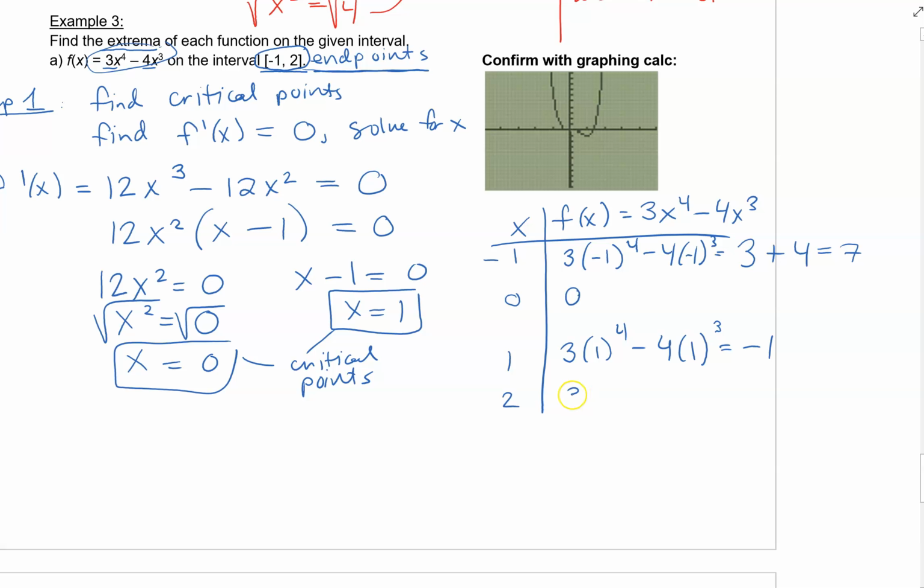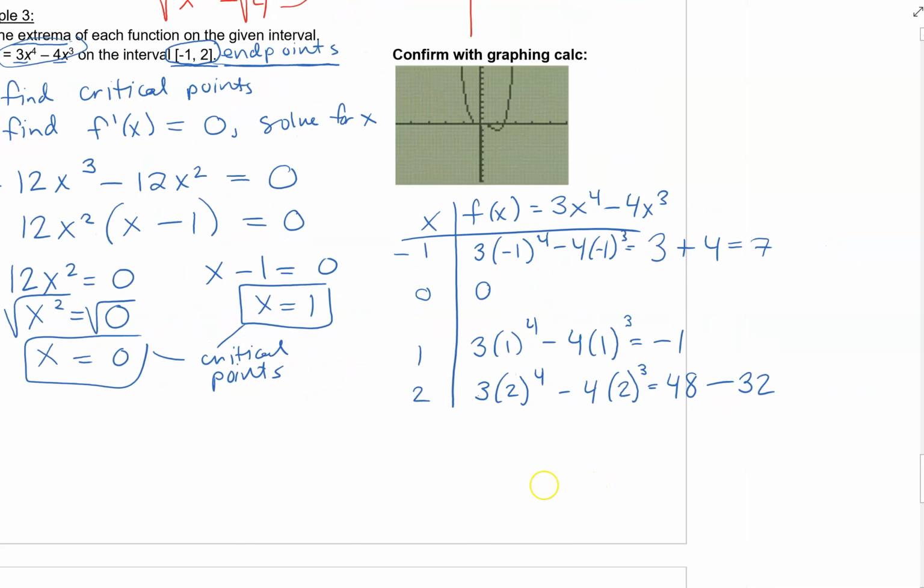And then when I plug in 2, I get 3 times 16, which is 48, minus 4 times 8, which is 32. So I get 16. So looking at my values, it looks like I have maxes at 7 and 16, and then maybe mins at 0 and -1.